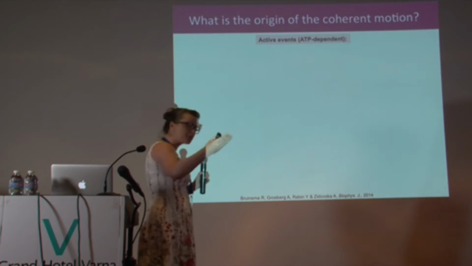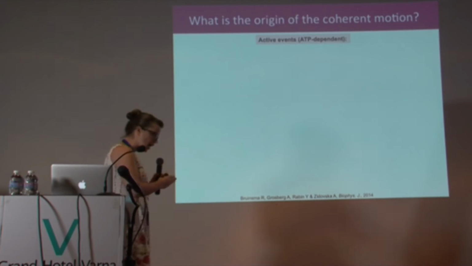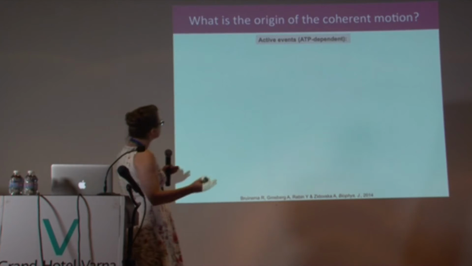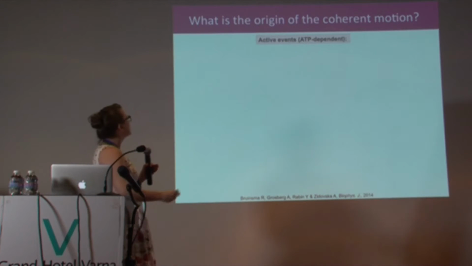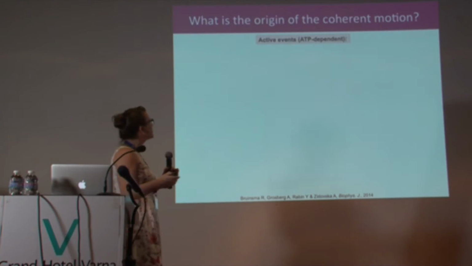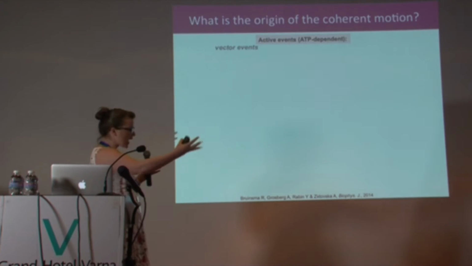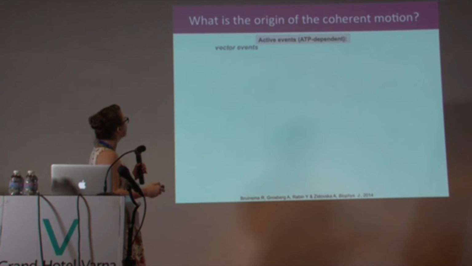And from a physicist's perspective, obviously, we did not go one by one, 4,500 nuclear ATPases at a time, but we categorized them into two big categories. We defined one category as vector events.